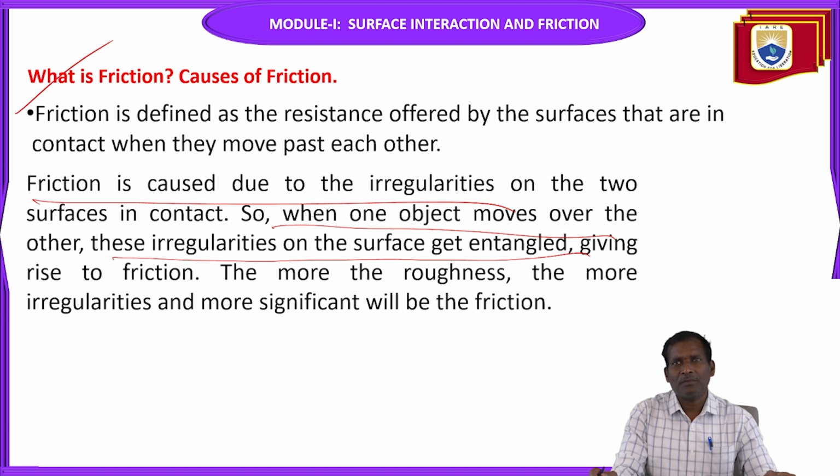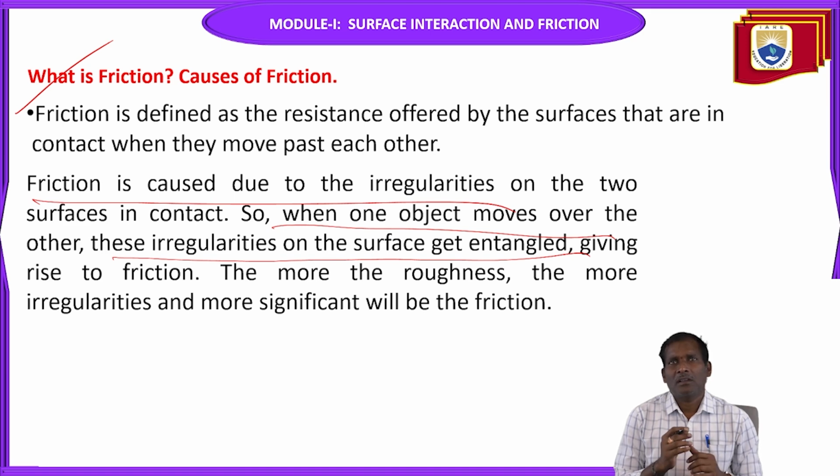The more the roughness, the more irregularities and the more significant the friction. Whenever two surfaces are in contact, there is friction. So these are the causes. The definition is: a force of resistance offered by the surfaces when the two surfaces are in contact.